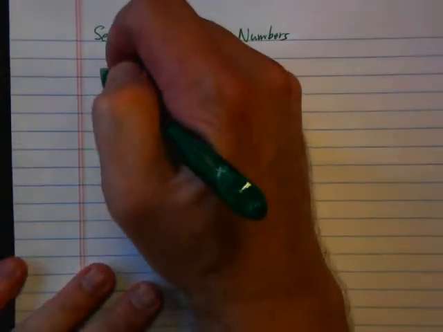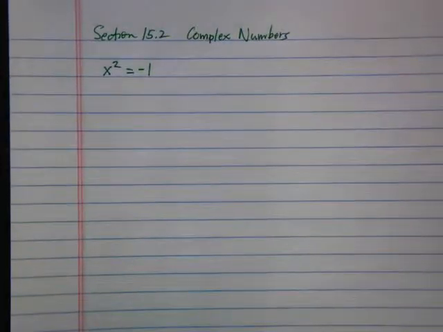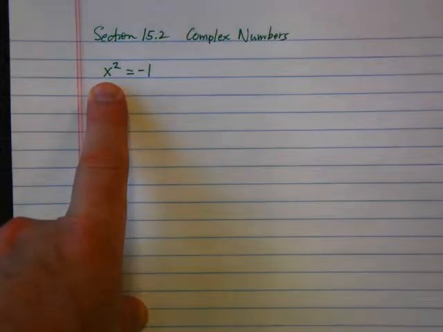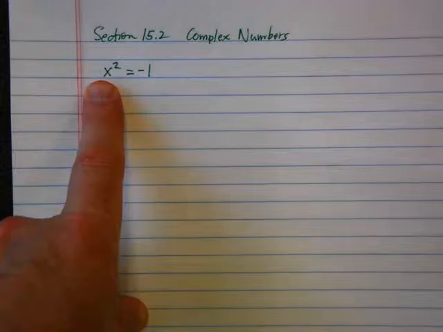So complex numbers. A long time ago, somebody wanted to solve the equation x squared equals -1. Well, you have a problem if you try to solve that equation. What's the problem? If I plug a number in, like 2, and I square 2, what kind of answer do I get? Positive, I get 4. What if I plug a negative number in?